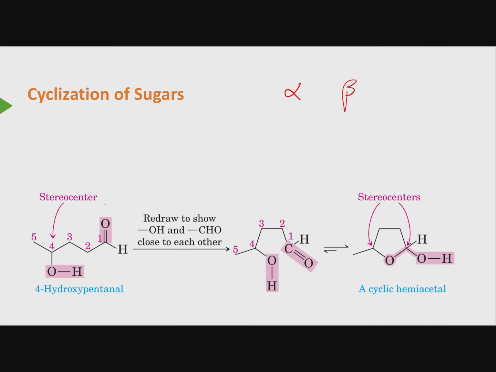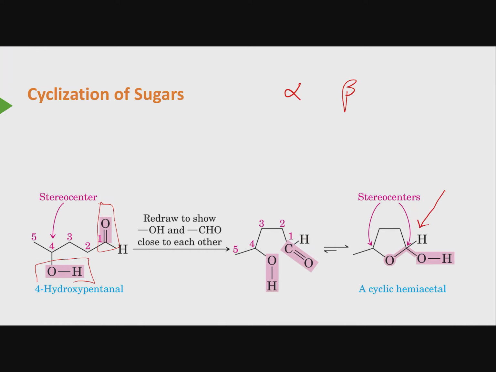So a hemiacetal is a reaction between a carbonyl and an alcohol. A hydroxyl group on an alcohol will react with a carbonyl group on either an aldehyde or a ketone, and they will react to form what we call a hemiacetal.